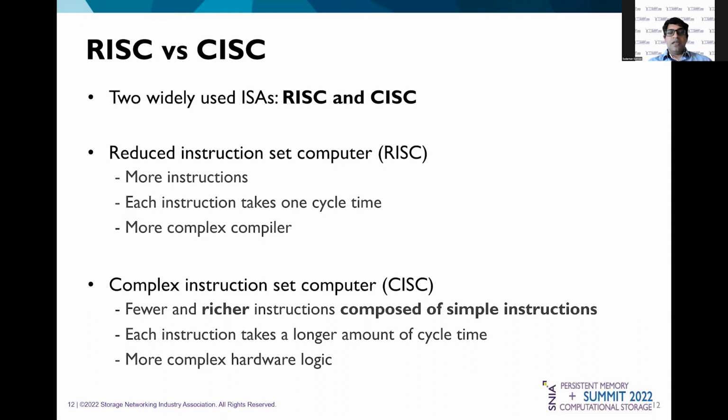With a CISC instruction, ideally, the goal is that you'll have fewer and richer instructions composed of several simple instructions. Each instruction would probably take a longer amount of cycles, and the complexity could be higher in the hardware. But then the application interaction with the hardware is reduced using CISC operations.